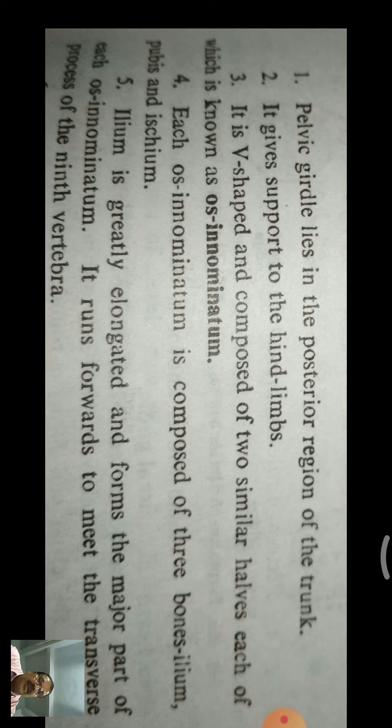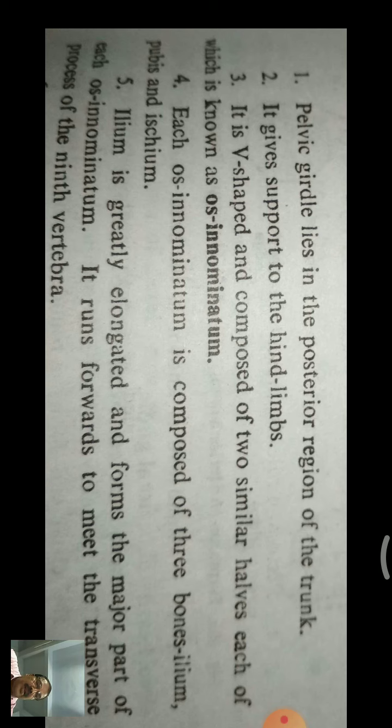So each os innominatum is mainly composed of three bones: first one is ilium, second one is pubis, and third one is ischium. The ilium is greatly elongated and forms a major part of each os innominatum.